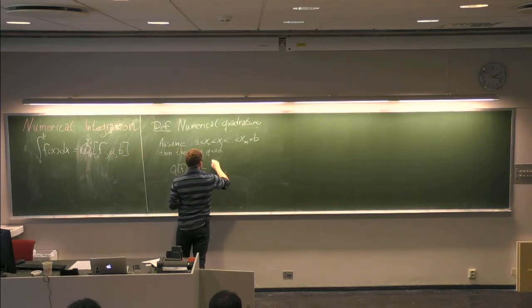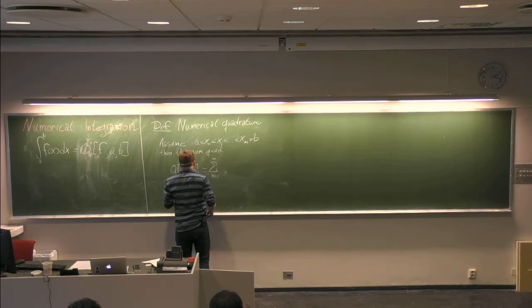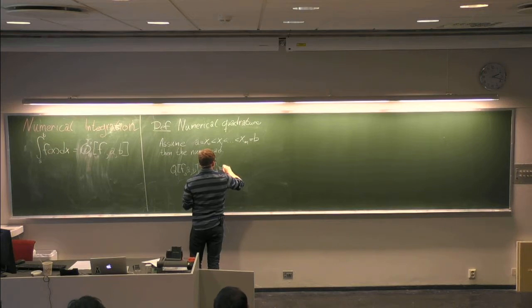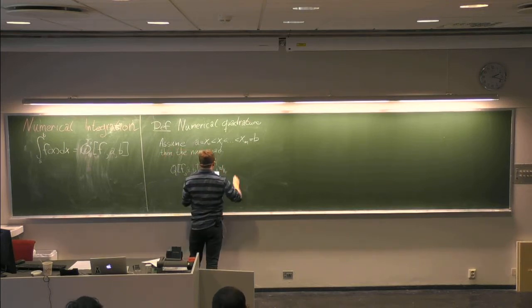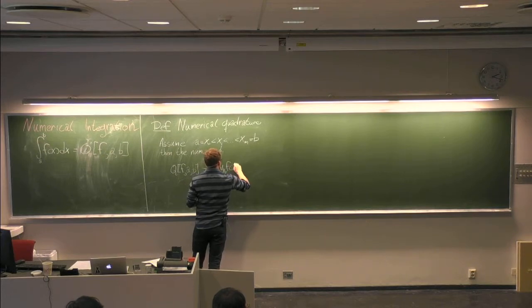This is going to be a sum from k equals 0 to m, where we have some kind of weights w_k, which we will try to figure out, and the function evaluated at the point xk.